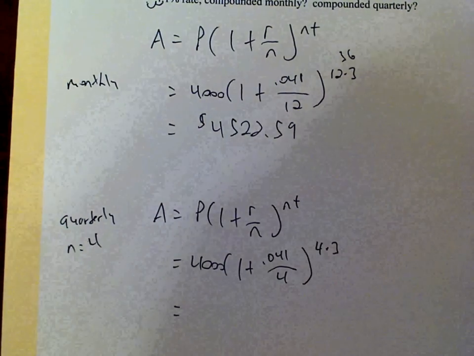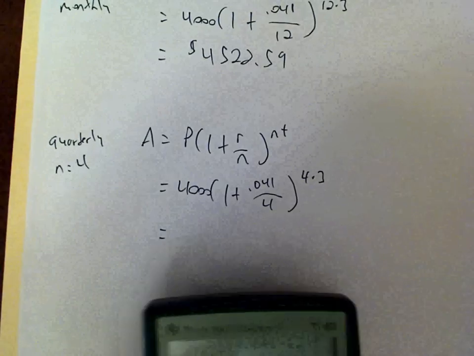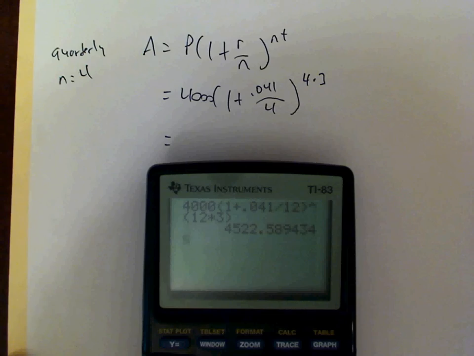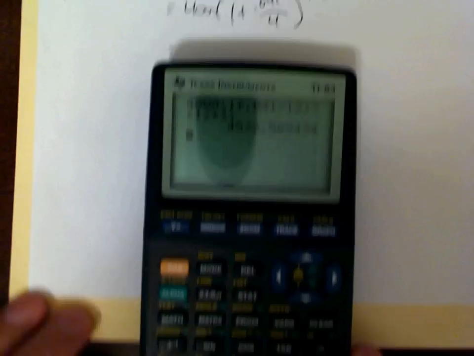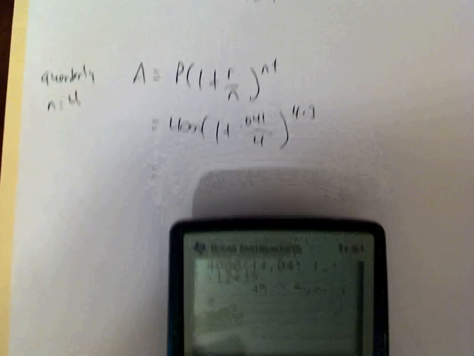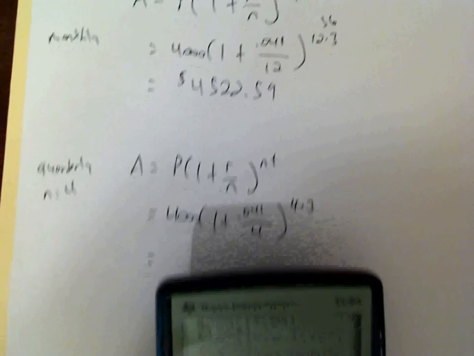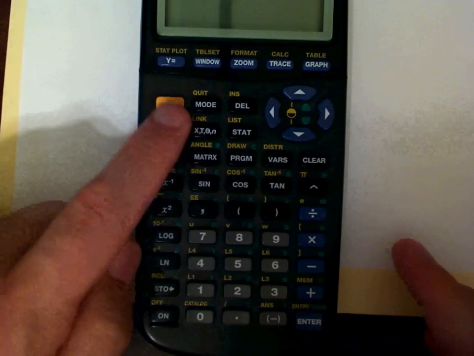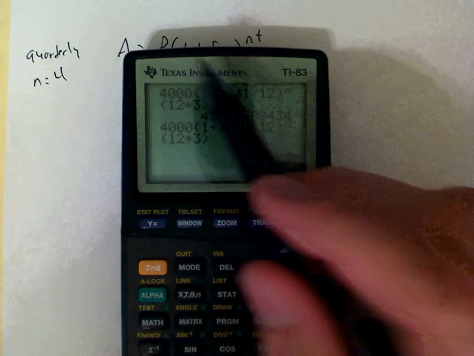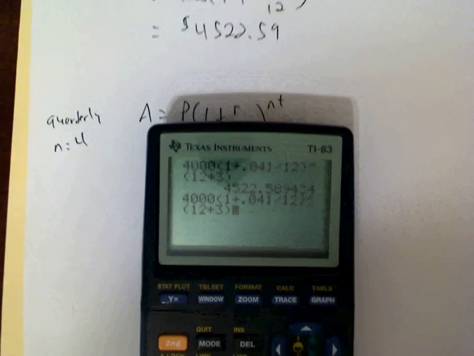So once again, take out your calculator. I'm going to show you something that you may not be aware of. If you notice, it's the same thing except for the 4. The 12 became a 4. If you were to hit on your graphing calculator second and then enter, you'll notice that that previous item that you typed in is there.